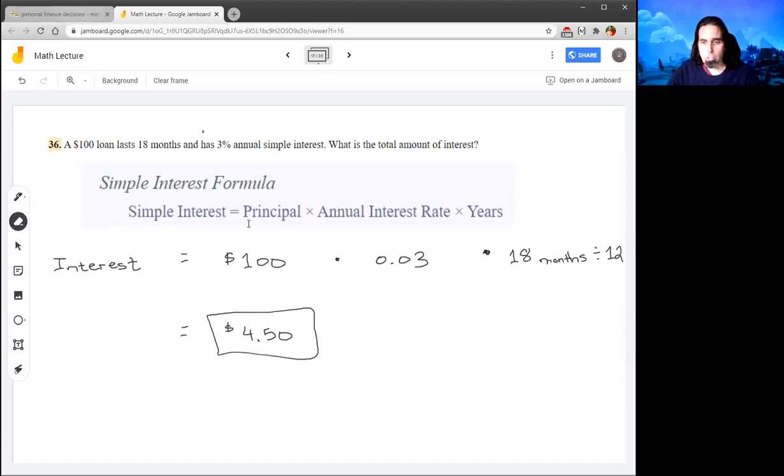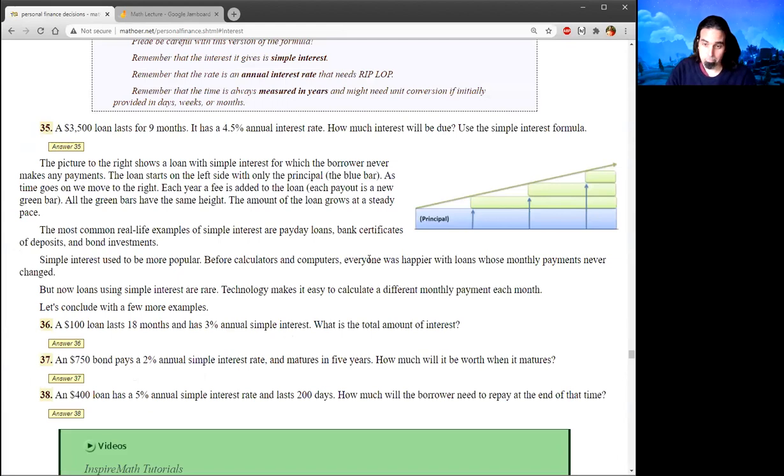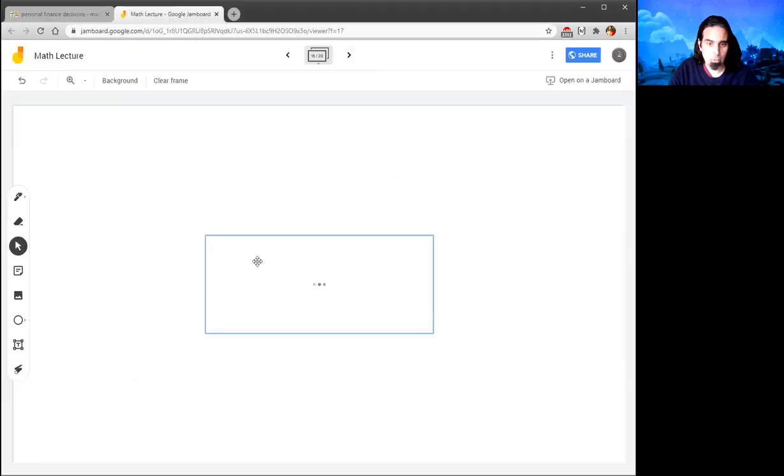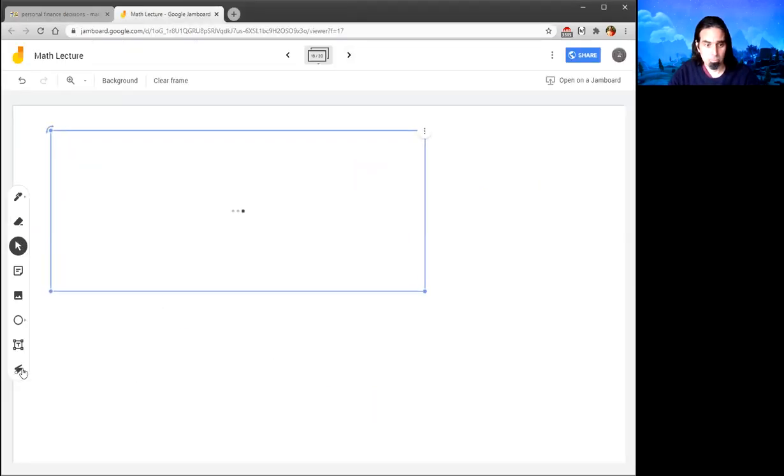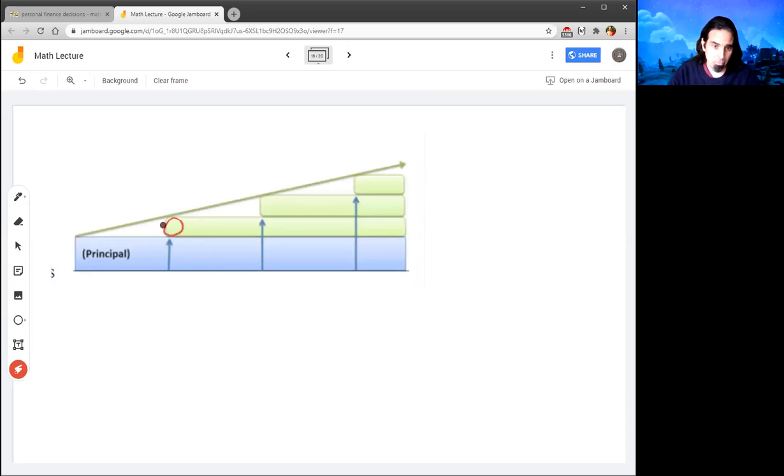There was a nice picture here that, remember, this is old-fashioned. We don't want to deal with complicated math. The bank says that at the very beginning of the loan, we're going to give you an interest rate that's based on the principal and only the principal.